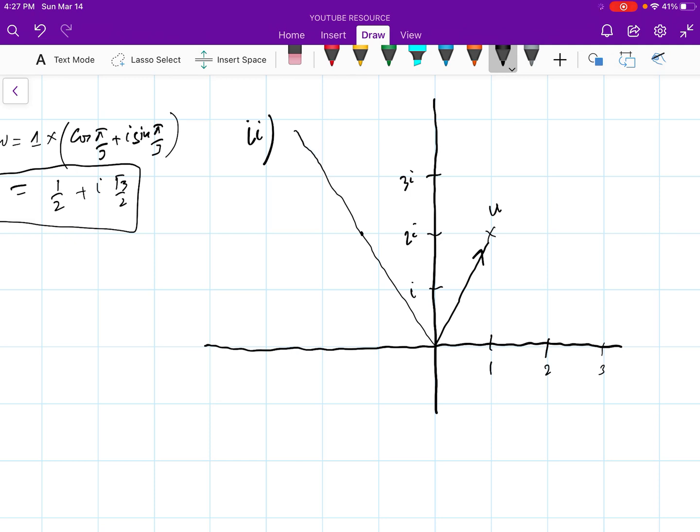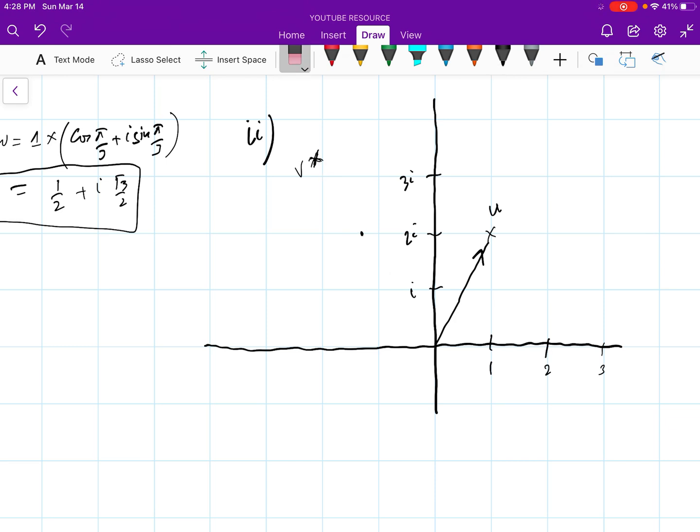Since v has twice the magnitude of u, you have to mark it in a relatively correct position. So you have to take it twice the distance, approximately. That's the position of v on the Argand diagram.